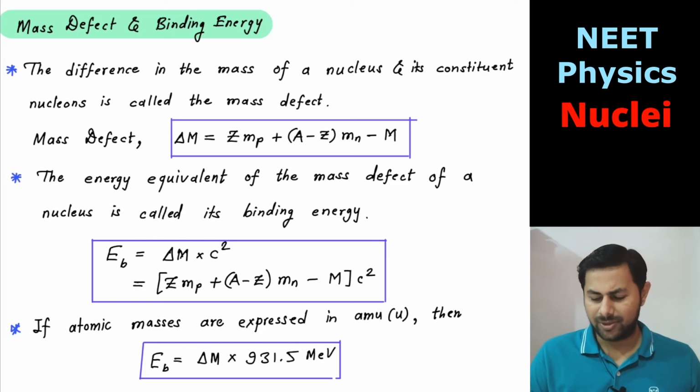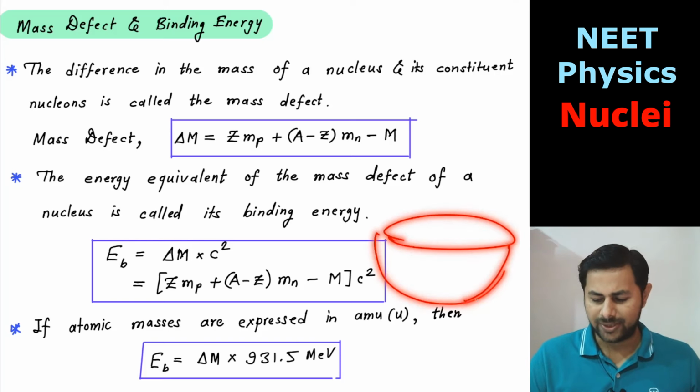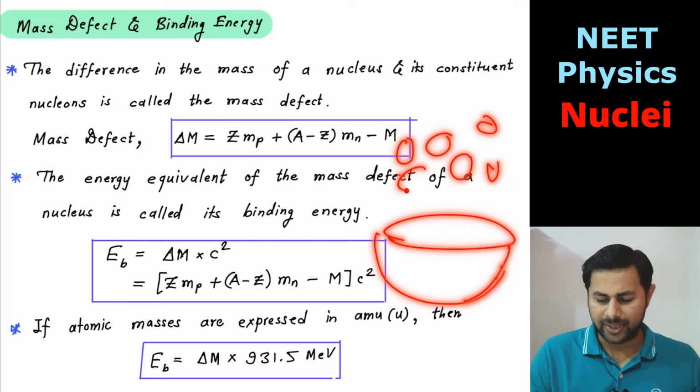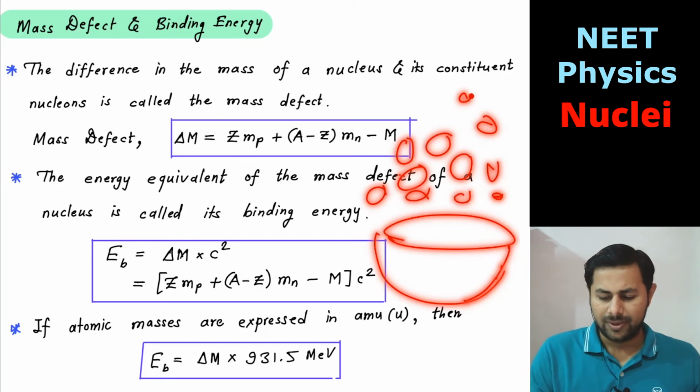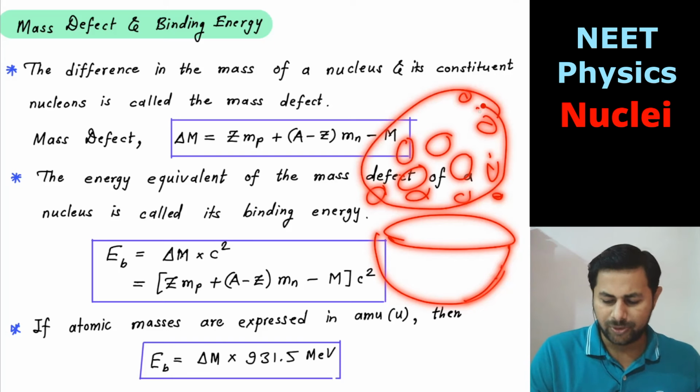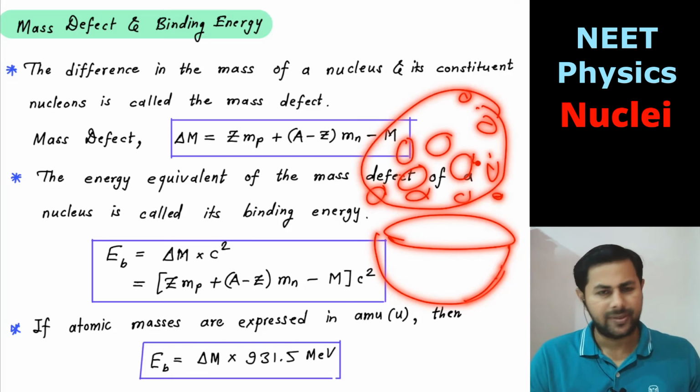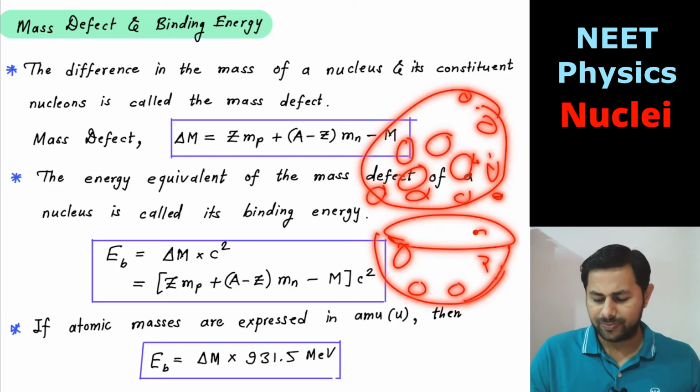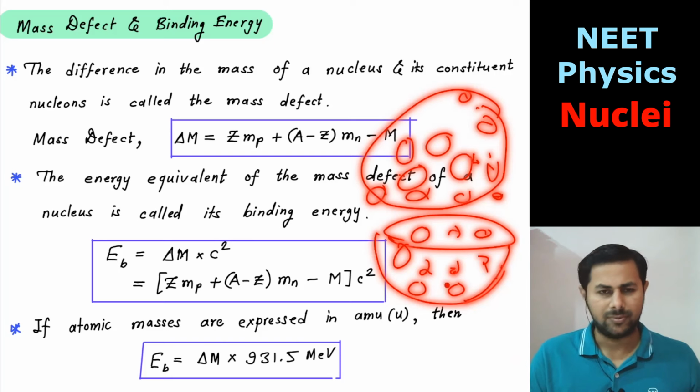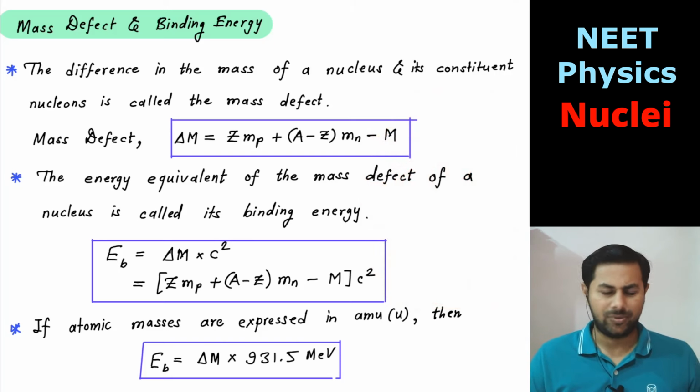For an example, you take a bowl like this and there are some marbles. Let's say 10 marbles, and suppose you measure the mass of these 10 marbles separately, then you put them in this bowl and you measure the mass of the bowl with these marbles. Then it should be greater or lesser.